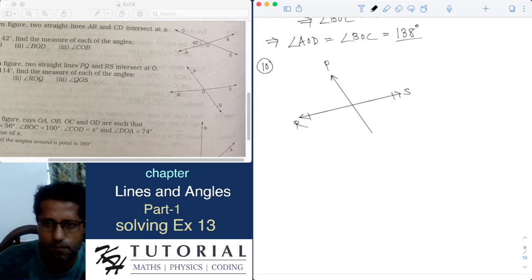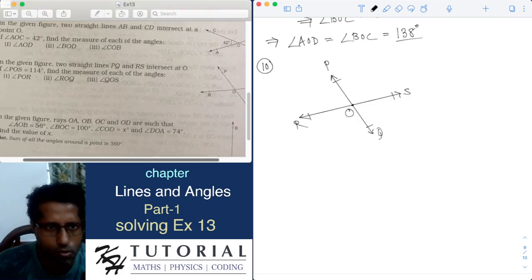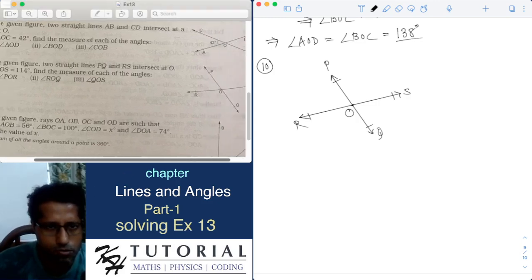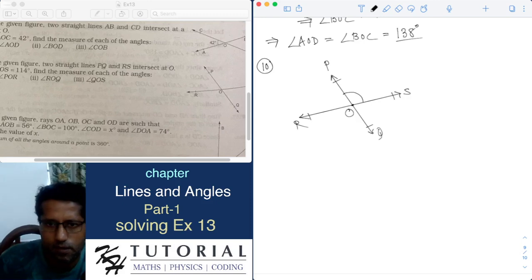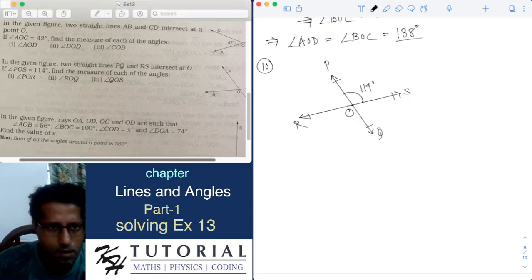They intersect at the point O. Two straight lines PQ and RS intersect at point O. If angle POS equals 114 degrees, this angle is given to be 114 degrees. Find the measure of each of the angles.